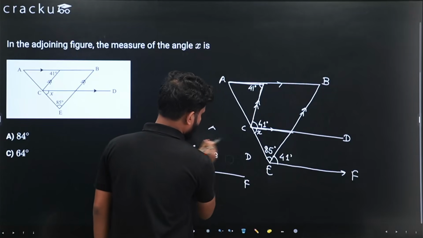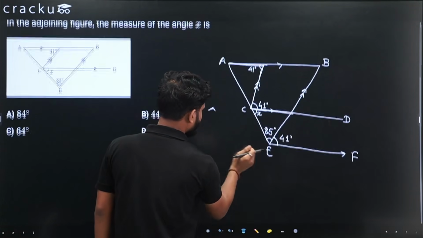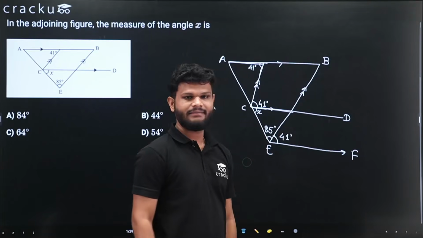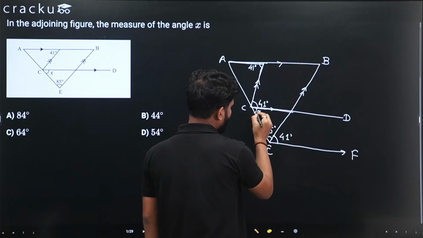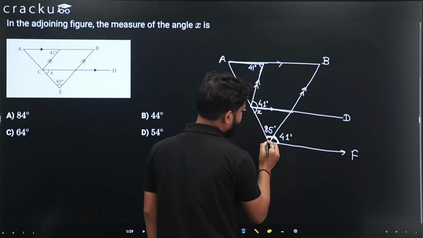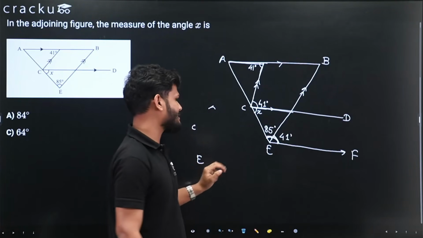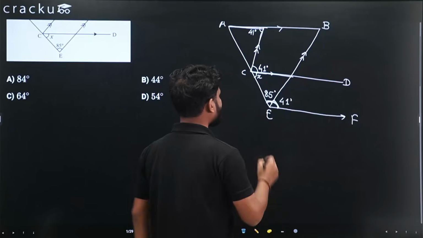Now focus on these two lines, CD and EF. They are parallel. And focus on these two angles. These are called interior angles. And interior angles are supplementary.